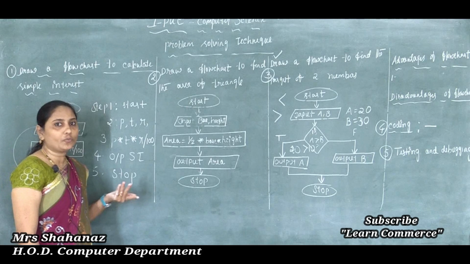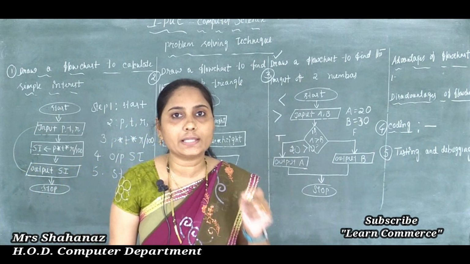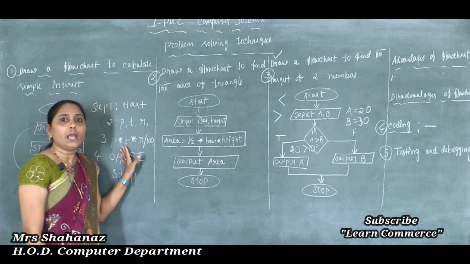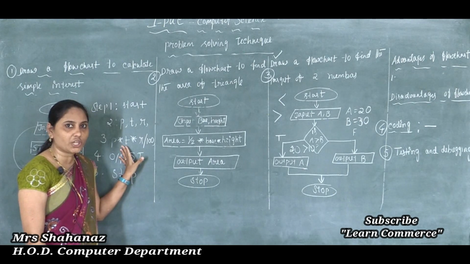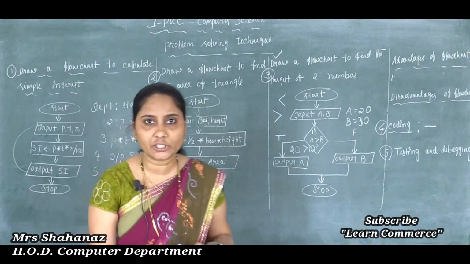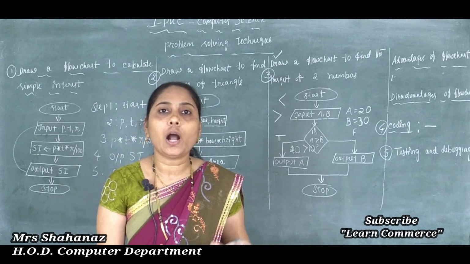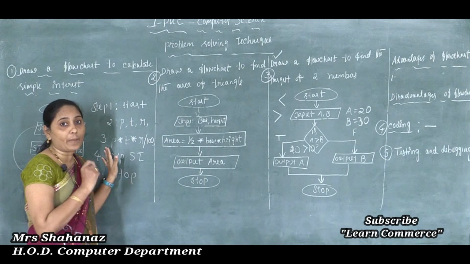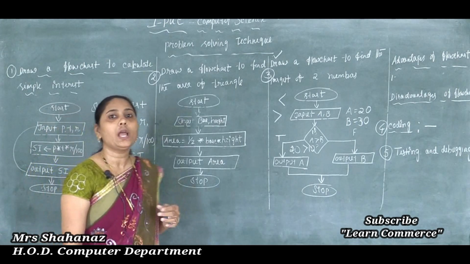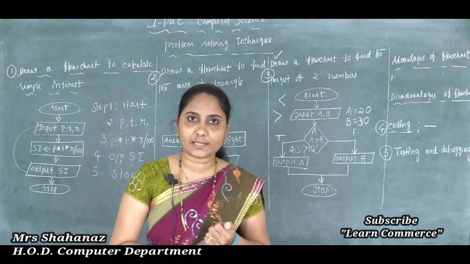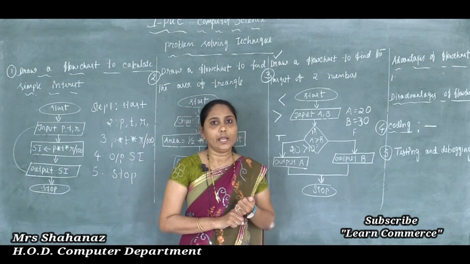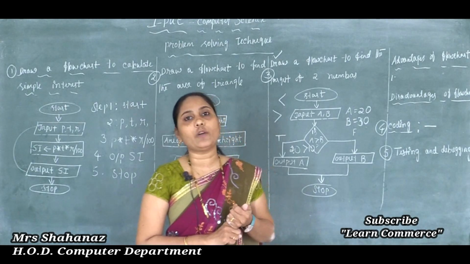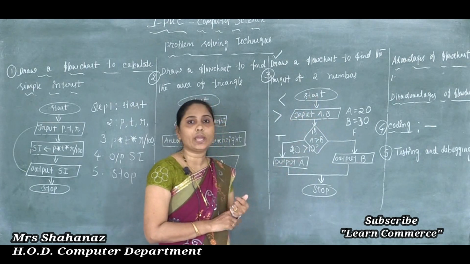So we can say the flow chart is very easy to understand, since it is a pictorial or graphical representation of a solution to a problem. That means we complete the flow chart just by using symbols in a diagrammatical manner. So the first advantage is that the flow chart is easily understood, because it is a pictorial or graphical representation of a solution to a problem.